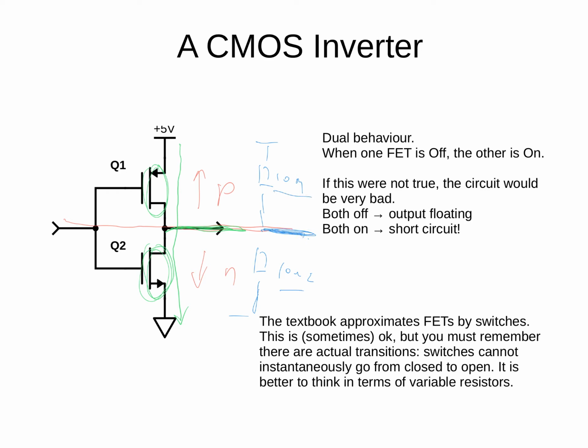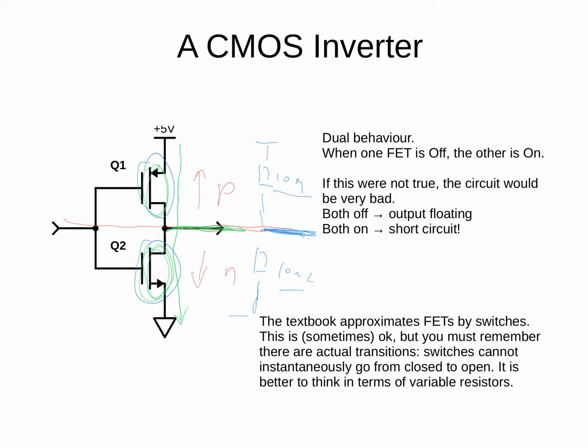Either way, the output here is not going to represent a sensible logic value, and it's not going to have much current to be able to drive anything. Therefore, at all times we want to avoid having both these FETs on or both these FETs off.